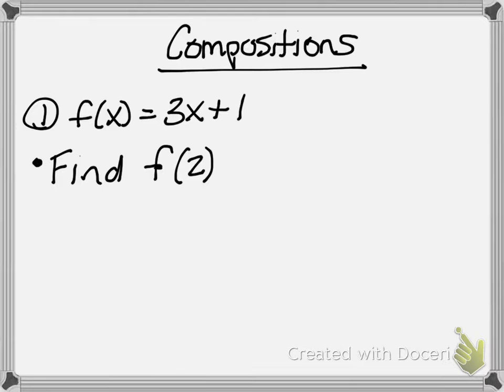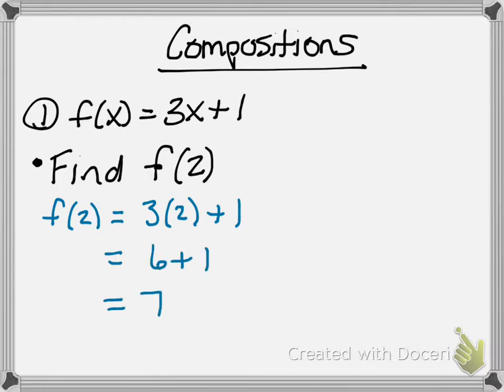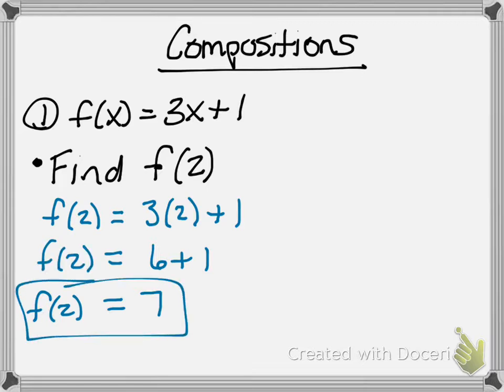So to find f of 2, I'm going to replace every x with a 2. Then I solve. So 3 times 2 is 6, so f of 2 equals 7. So we take whatever's inside the parentheses, and we put it inside whatever function is outside. In this case, there's an f, so we put the 2 inside the function f.